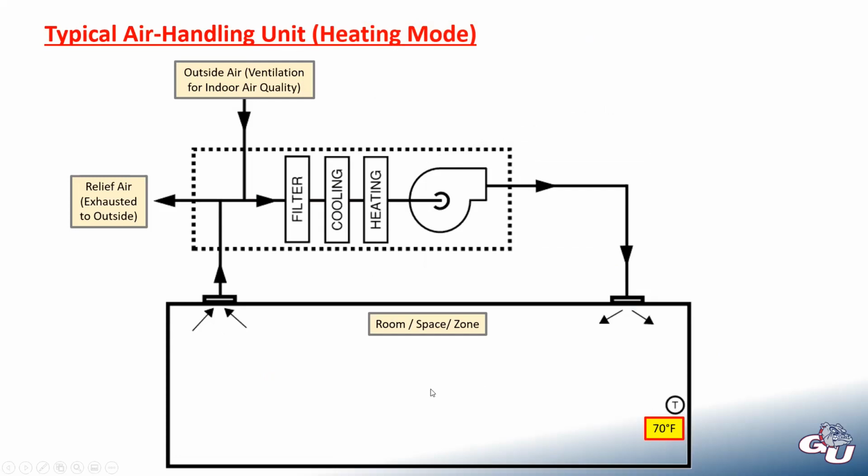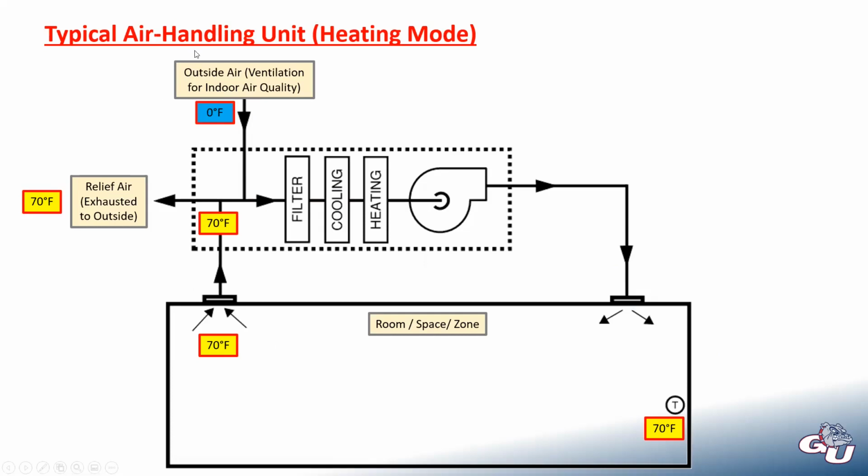If we're maintaining it at 70, that means our neutral temperature that's getting pulled out of the space will be right around 70 degrees. If you keep following that path, you're going to be exhausting some of that 70-degree air. And then we need to bring in outside air, which could be very cold. This would be a worst case day in Spokane, a 0-degree day.